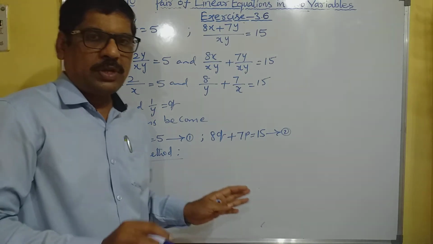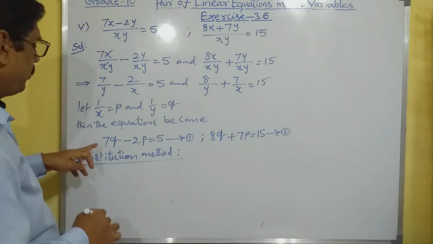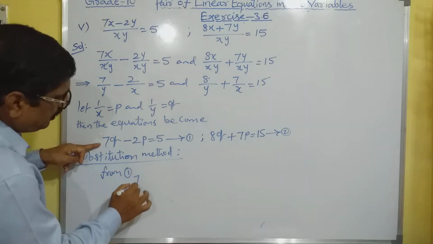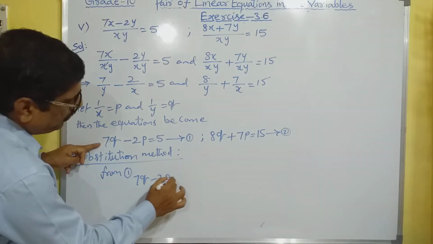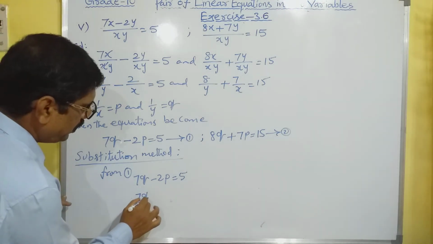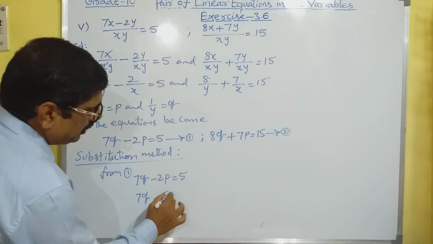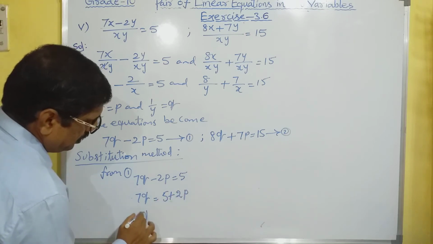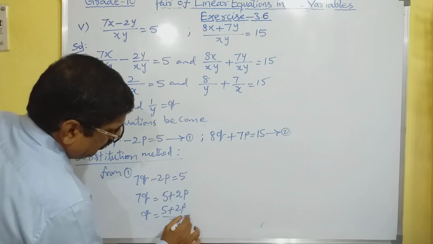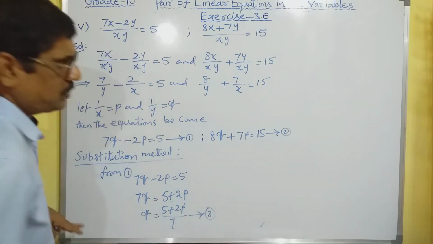So I am using different methods in different problems. Now from the first equation, 7q minus 2p is equal to 5. Okay, from this we can write 7q is equal to 5 plus 2p, since minus 2p can be sent to RHS, then q is equal to 5 plus 2p by 7, take it as third equation.